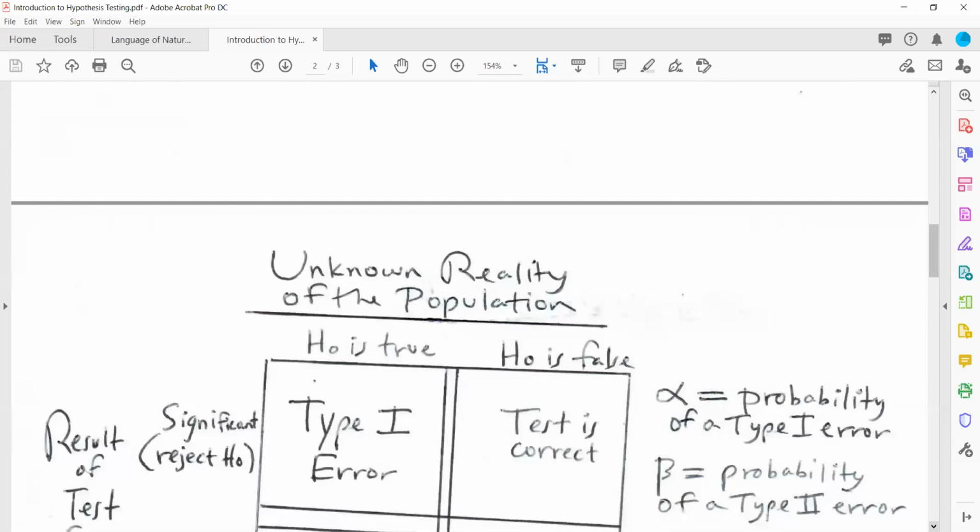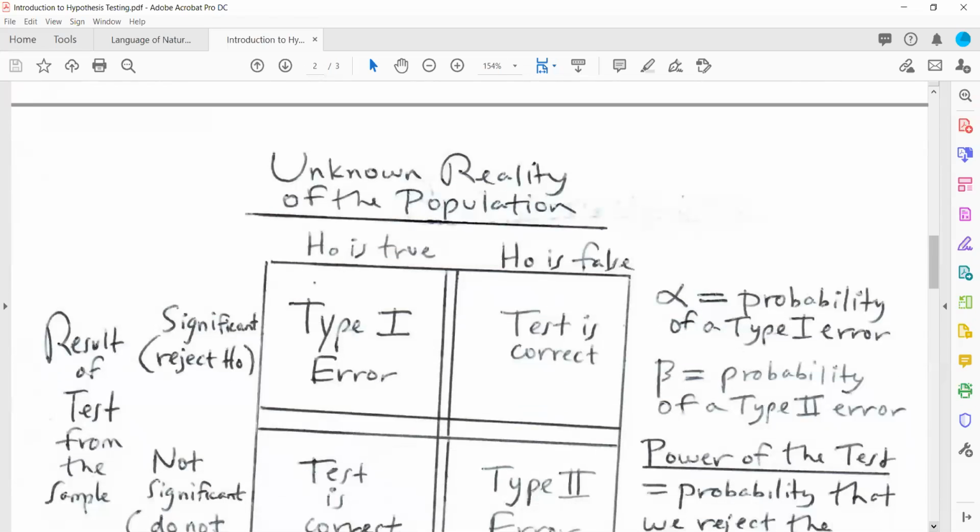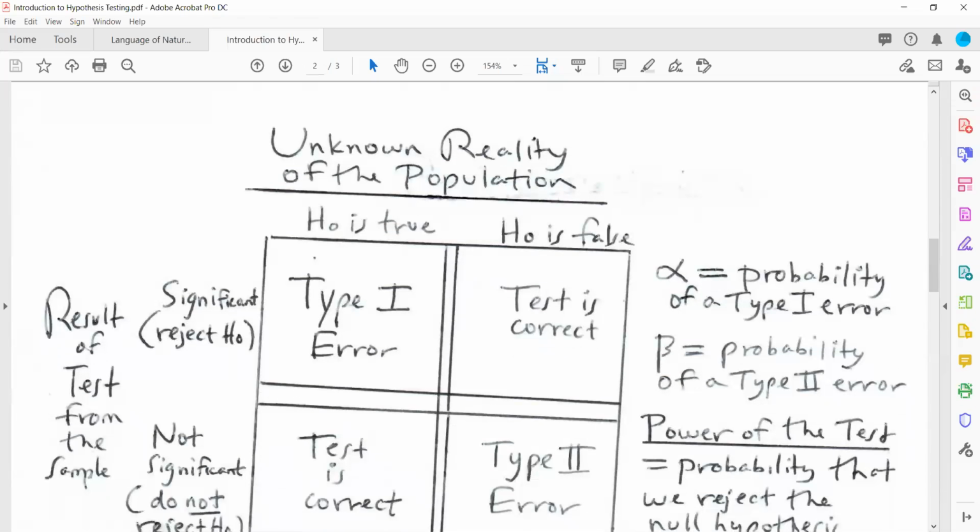Now, let me show you this chart here, which is pretty much in every statistics book in one form or another. And this sort of explains the idea of hypothesis tests. Along the top here is an unknown reality of the population. In other words, somebody has proposed a population mean, but it's still unknown. If it was known, we wouldn't have to do a test, right?